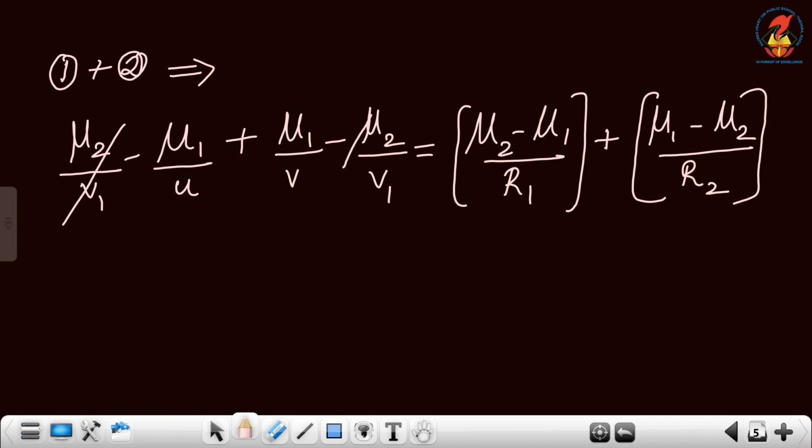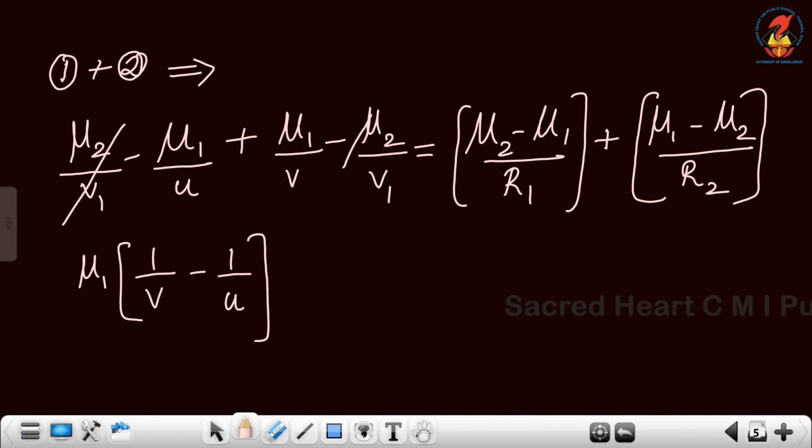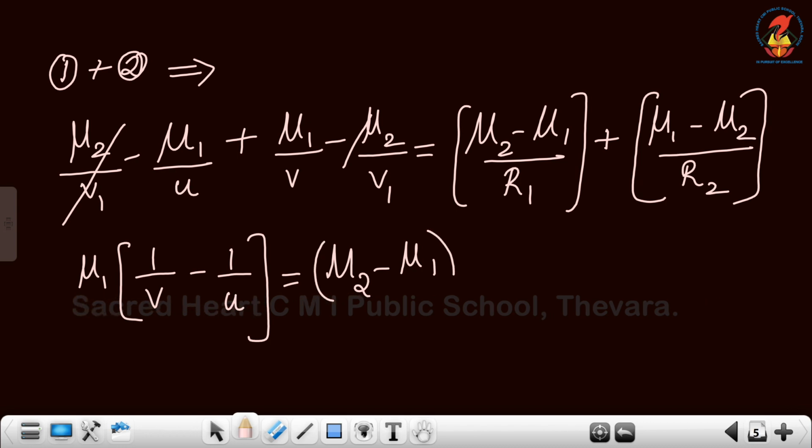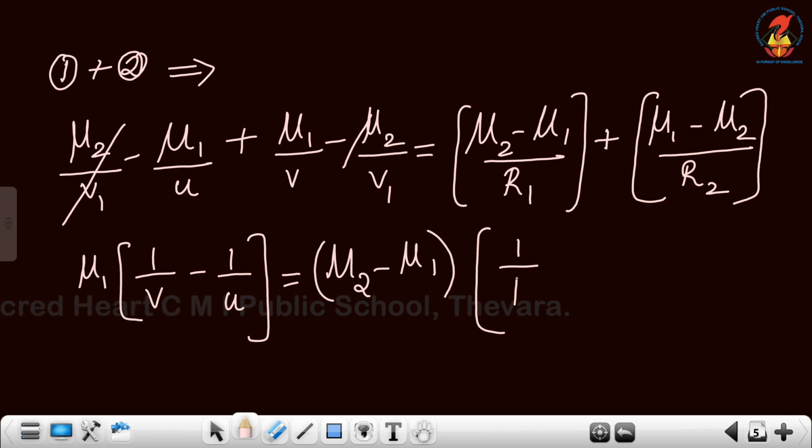If you take mu1 outside, you will get 1 by V minus 1 by U is equal to, I am going to take mu2 minus mu1 outside as common. So, I will get mu2 minus mu1 into 1 by R1 minus, why minus? Because here it is mu1 minus mu2 by R2.